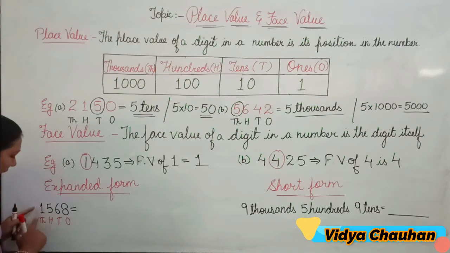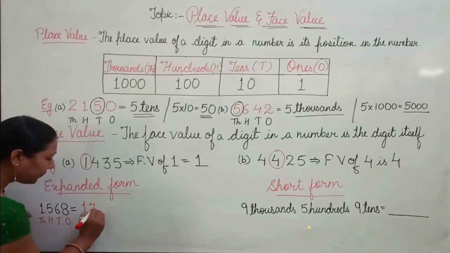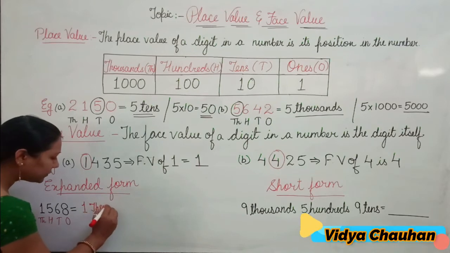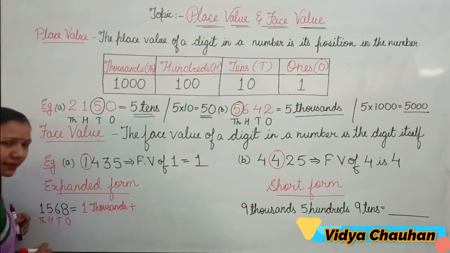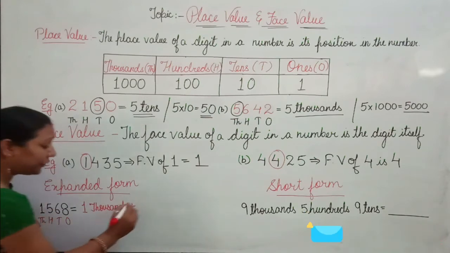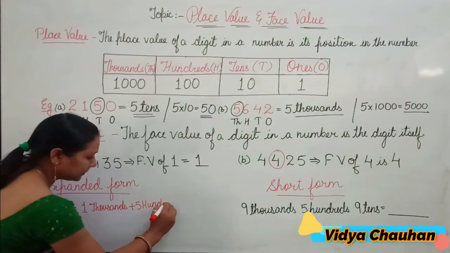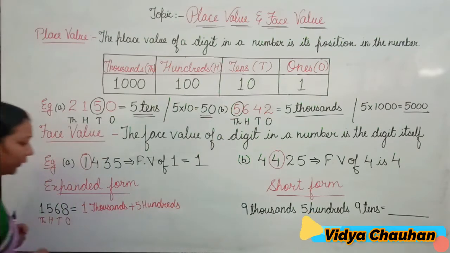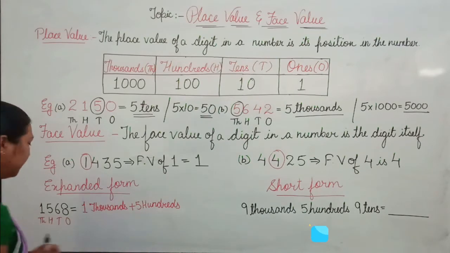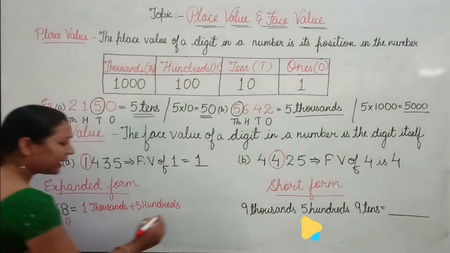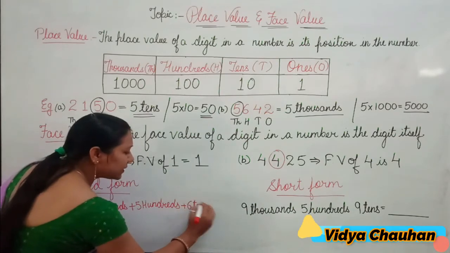So first, 1 is at thousands place, so you will write 1 thousand, plus 5 is at hundreds place, so 5 hundreds. Then 6 is at tens place, so 6 tens.